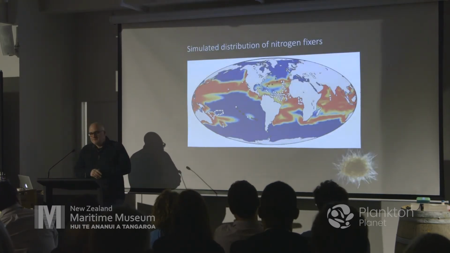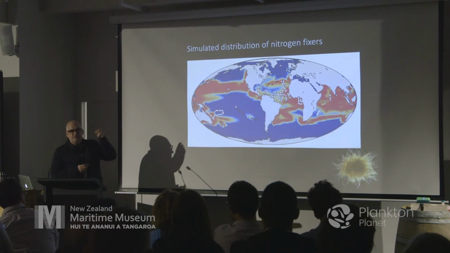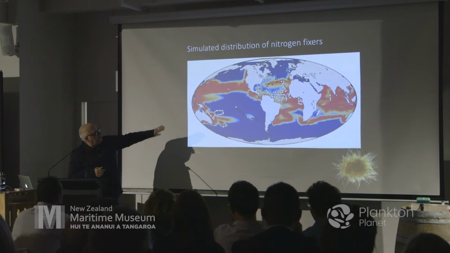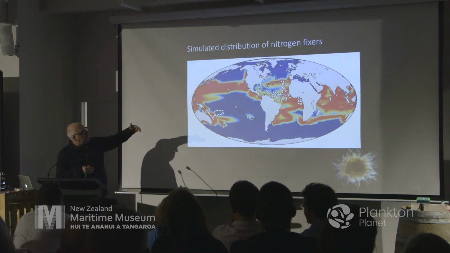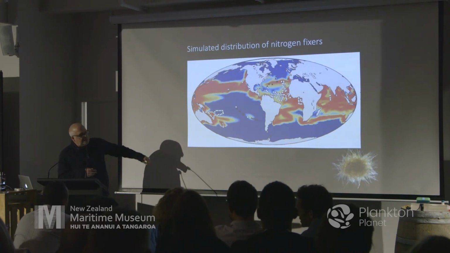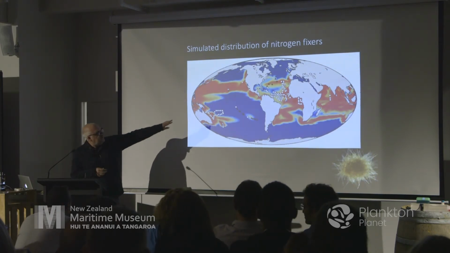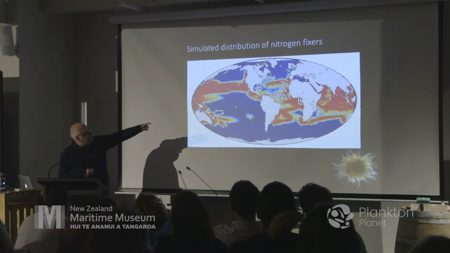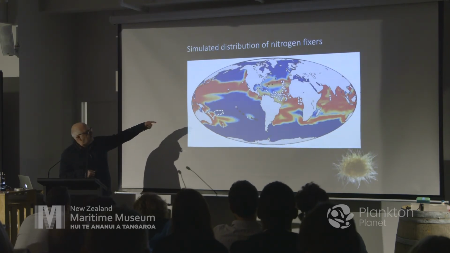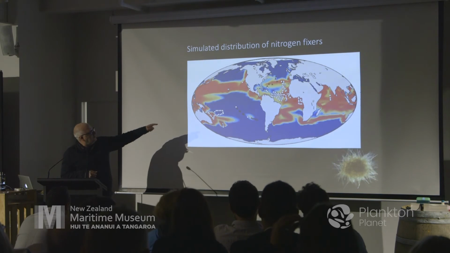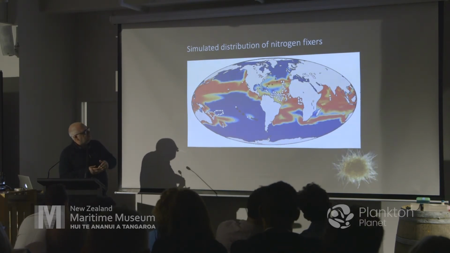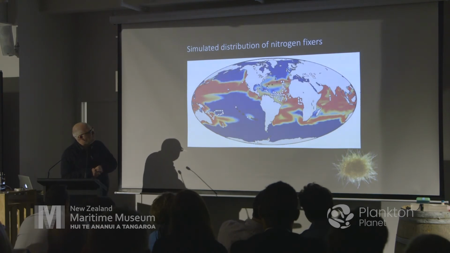I'm almost there. So if we just look at one of the types, the nitrogen fixer, this red distribution tells us where we predict that it will be in the global ocean. The little white dots indicate a compilation from a few years ago of where genetic data samples in the ocean have said there were high concentrations of these types of organisms.